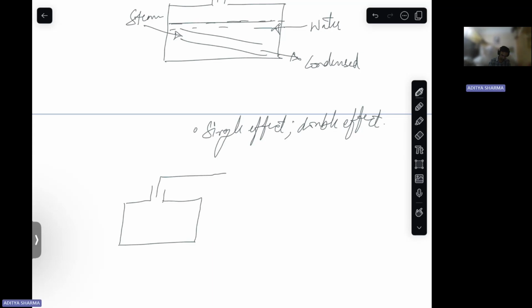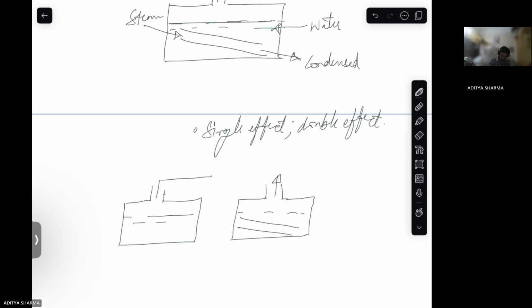So it is something like this. Here we have steam, here we have outlet.